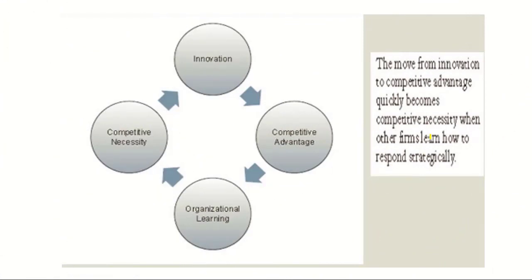This graph will show the move from innovation to competitive advantage quickly becomes competitive necessity when other firms learn how to respond strategically. So business organizations are having this model, and let's discuss the model.